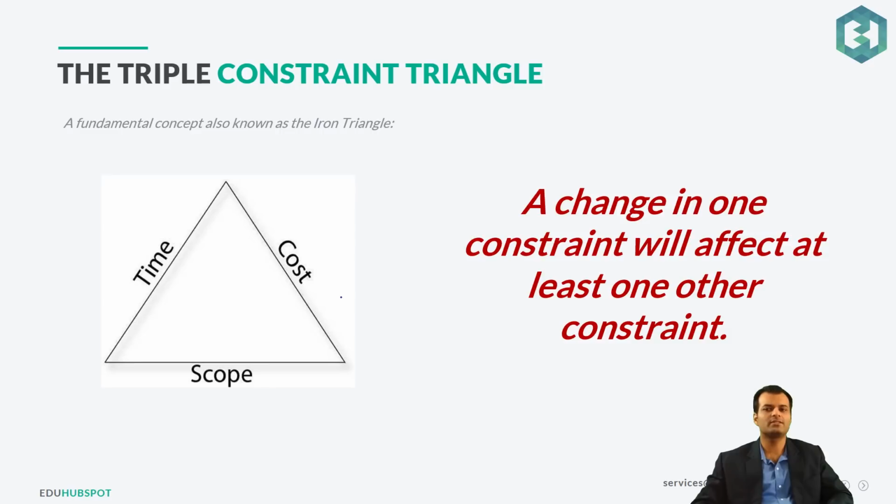Then you will see this term, triple constraint triangle, a lot, specifically in integration management when we will be doing the perform integrated change control process. So what is this? It says a change in one constraint will affect at least one other constraint. That's your triple constraint triangle. I repeat, a change in one constraint will affect at least one other constraint.